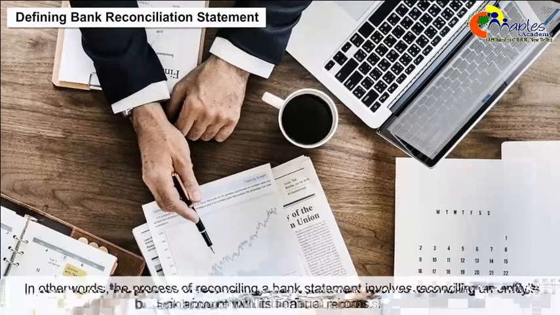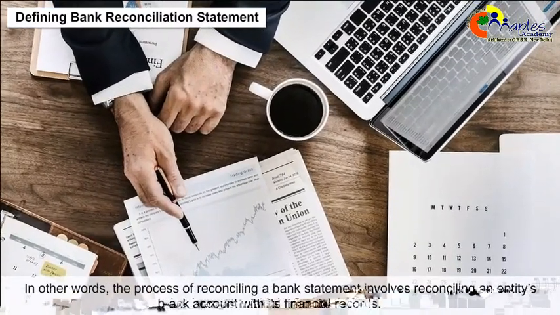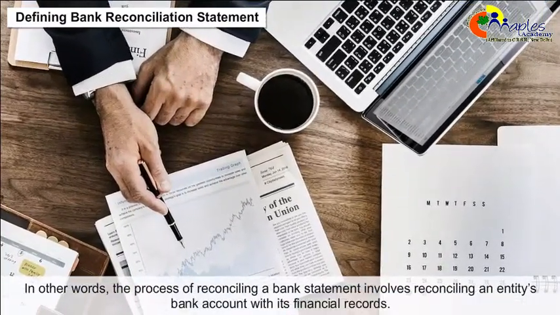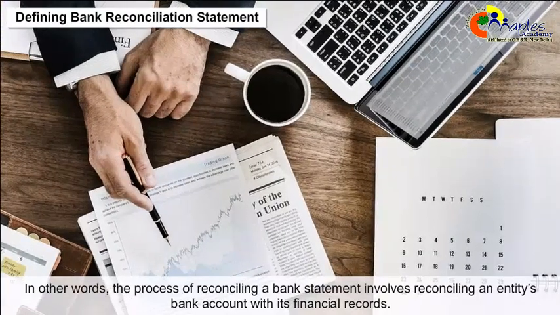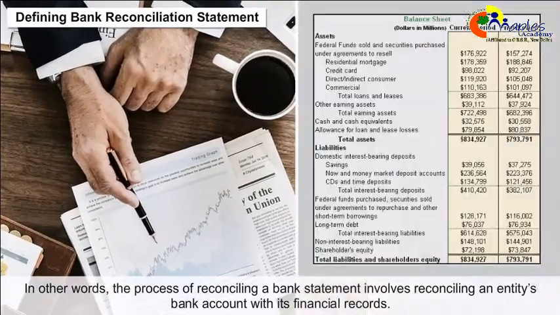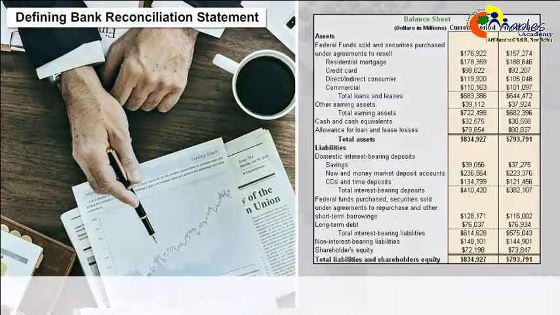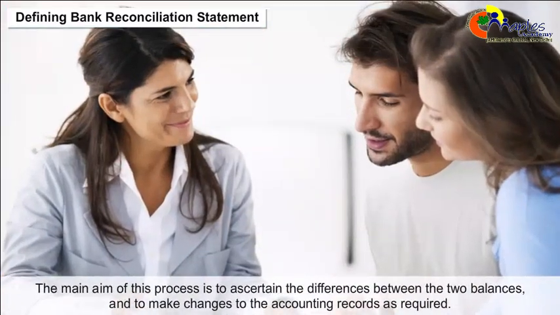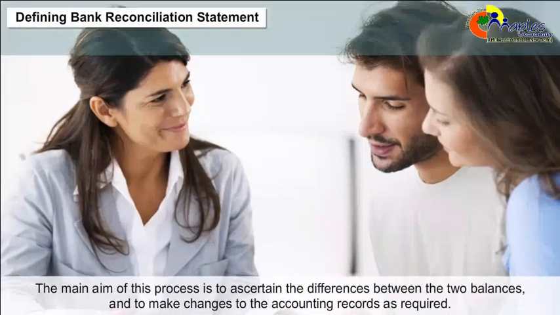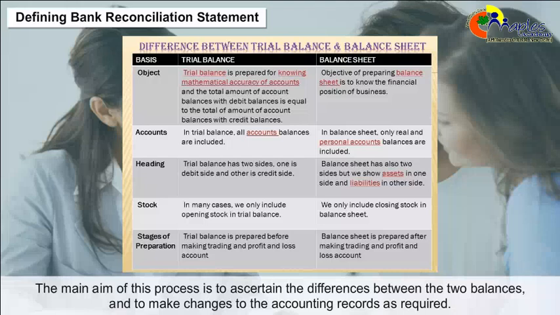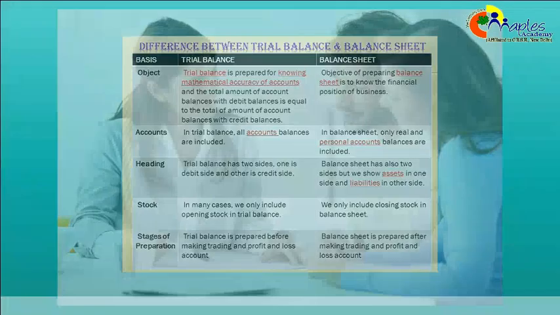In other words, the process of reconciling a bank statement involves reconciling an entity's bank account with its financial records. The main aim of this process is to ascertain the differences between the two balances and to make changes to the accounting records as required.